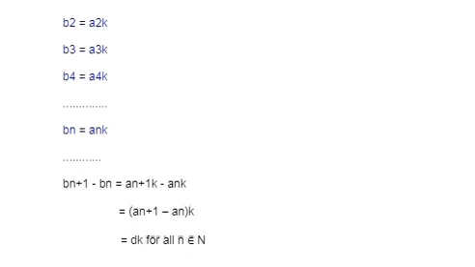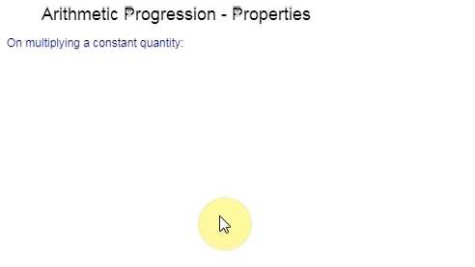So, to get a clear concept of this property too, I can give you some more explanation on multiplying by a constant quantity and dividing by a constant quantity separately. For the operations multiplication and division, please make sure that you take a constant quantity which is a non-zero one. Please consider this arithmetic progression.